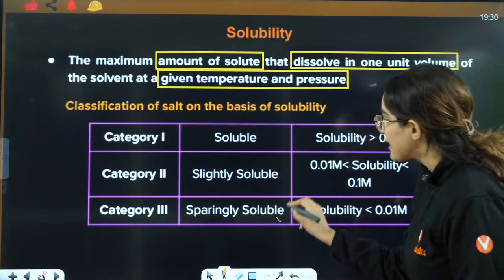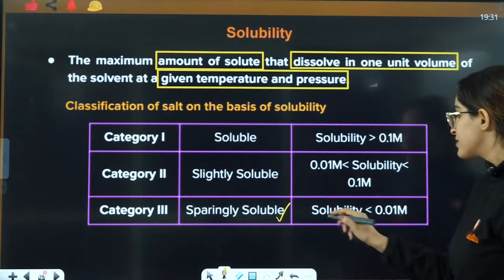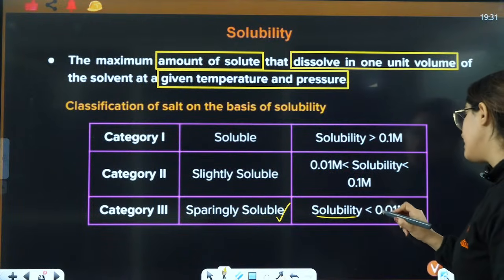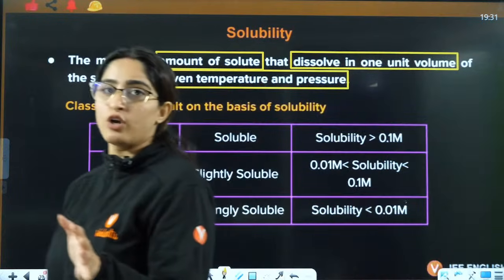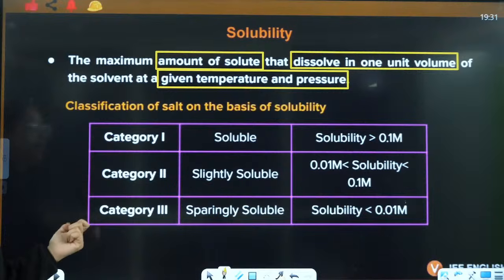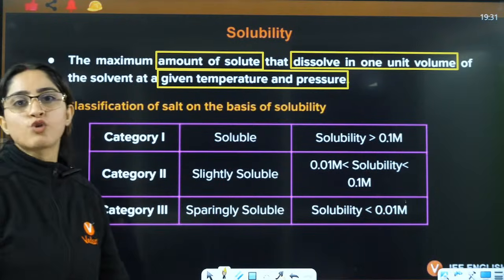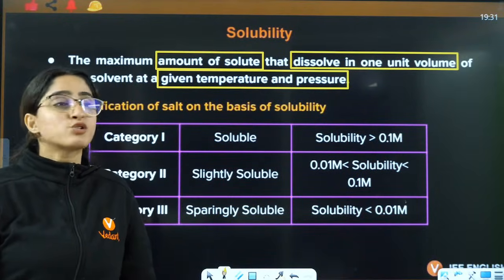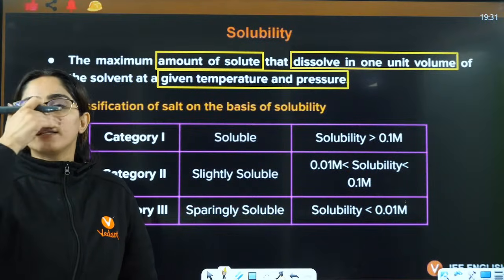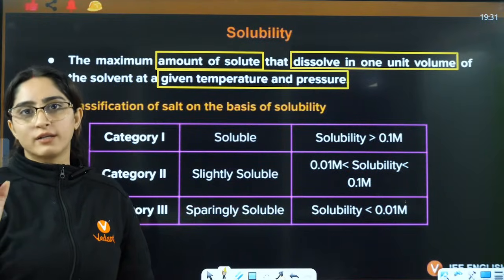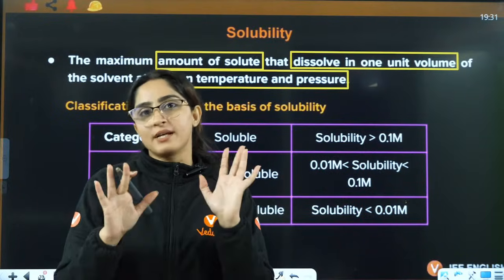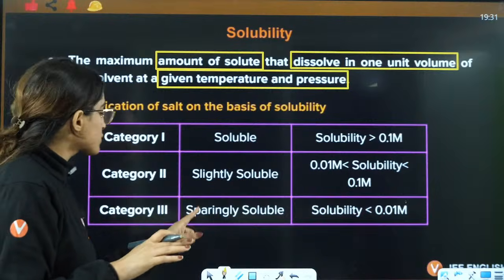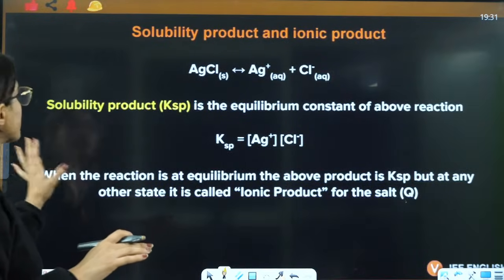Then there is sparingly soluble, which is even less than 0.01, where they are hardly soluble. We are talking about sparingly soluble salts here, where not all of the solute that you have added will be dissolved, where solubility is not 100%.